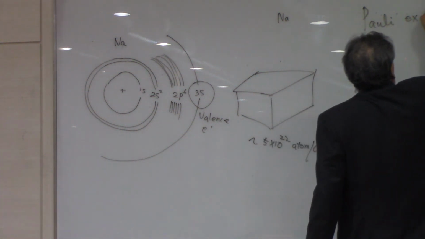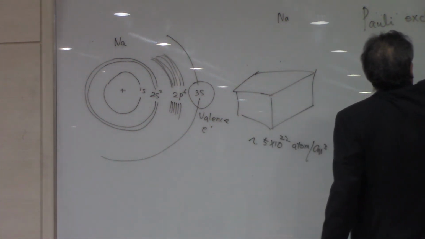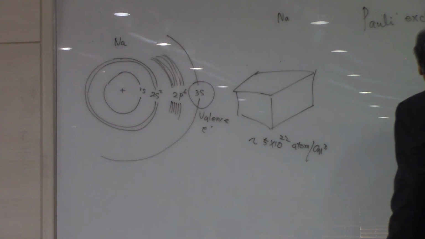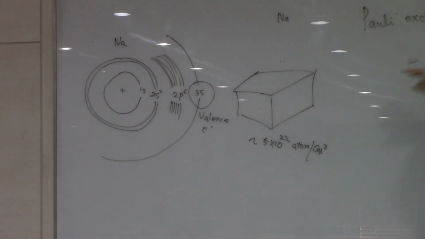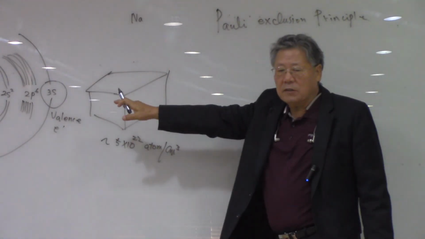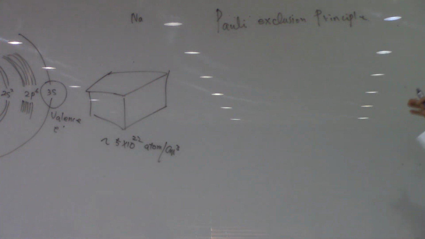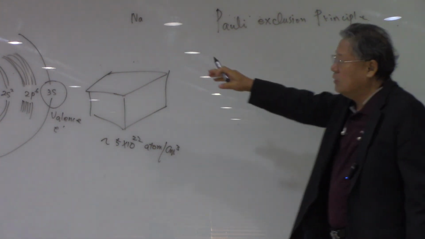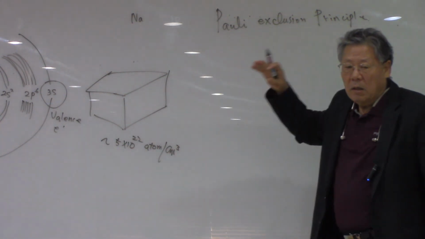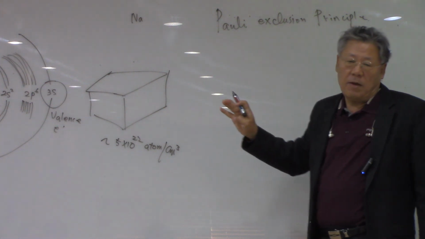Pauli exclusion principle. When the atoms are separated, they can have the same energies. But when those atoms are put into one system, the electrons cannot have the same four quantum numbers.